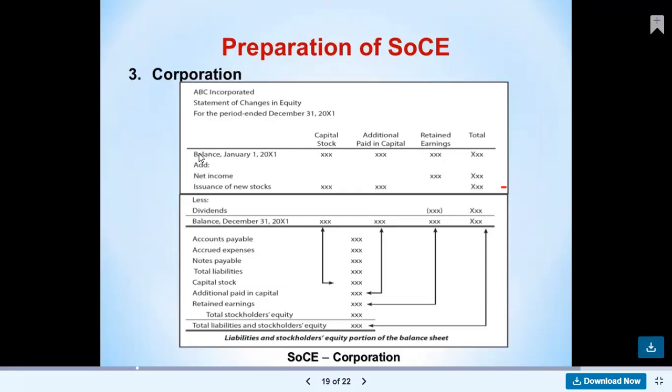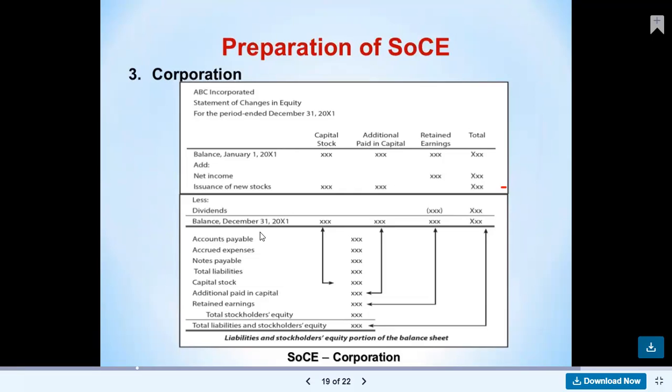So we have the beginning balance as of January 1. We are going to add net income and issuance of new stocks. And also, we are going to less the dividends and balance of December 31, 2001.